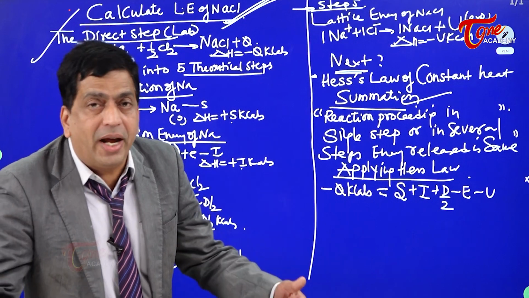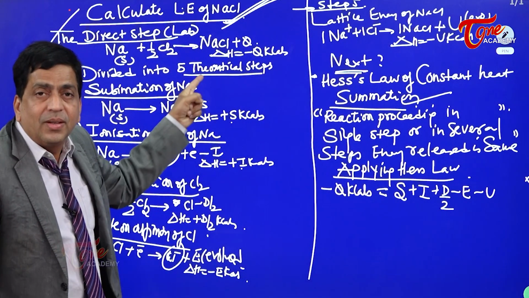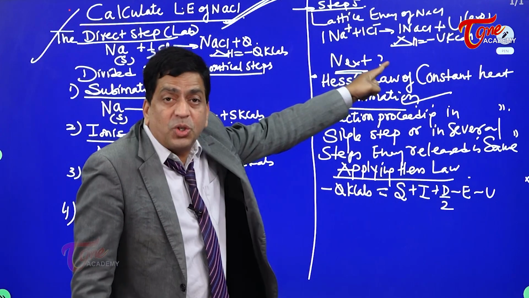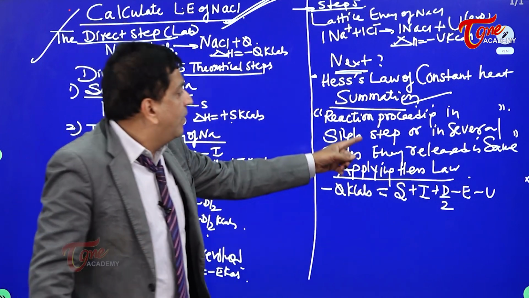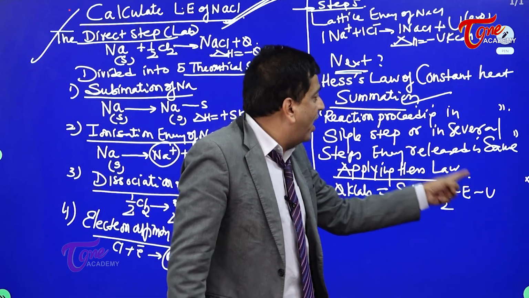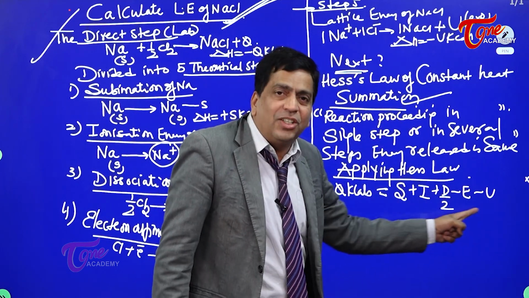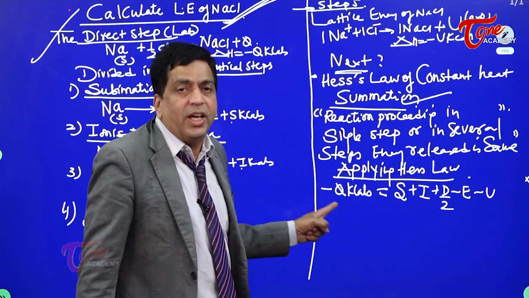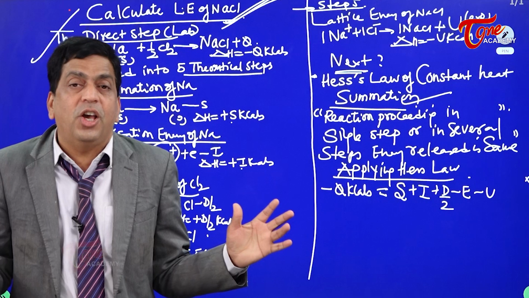You yourself told me that whether the energy released is in a single step or in several steps, the energy released is the same. So the total or net energy released in the 5 steps, 1, 2, 3, 4, 5, summation, addition, must be equal to the energy released in the single step. So I equate it. So I have an equation.